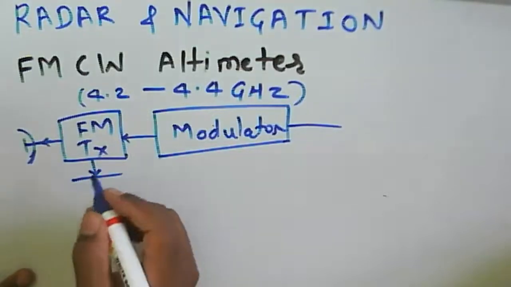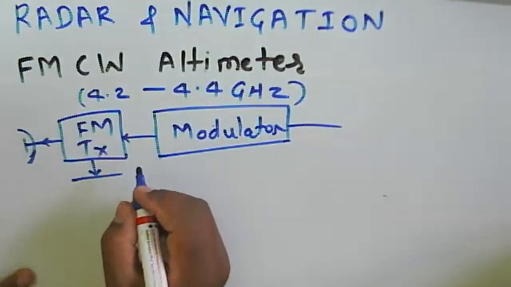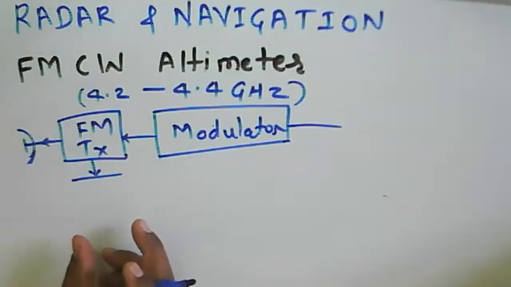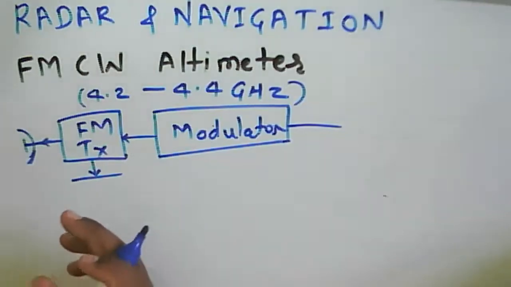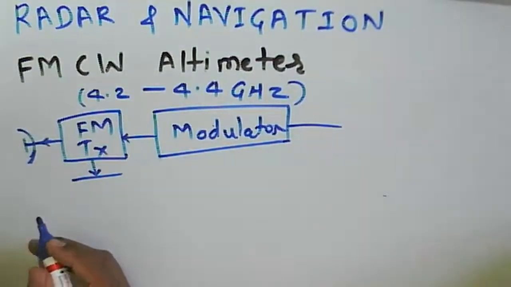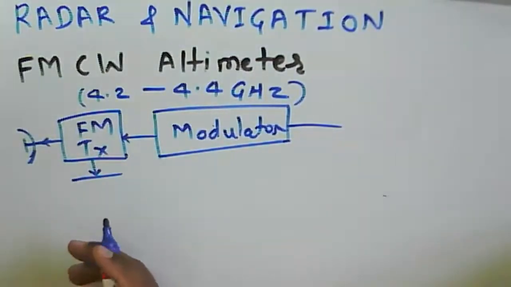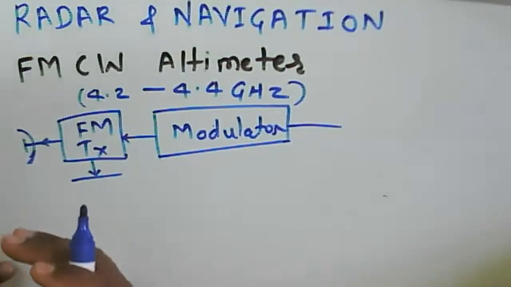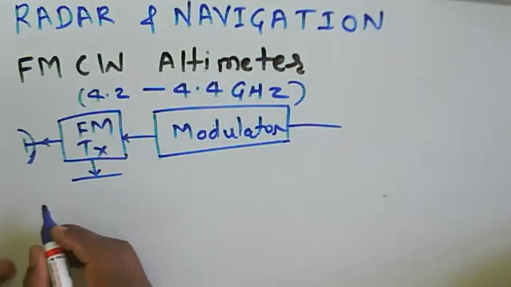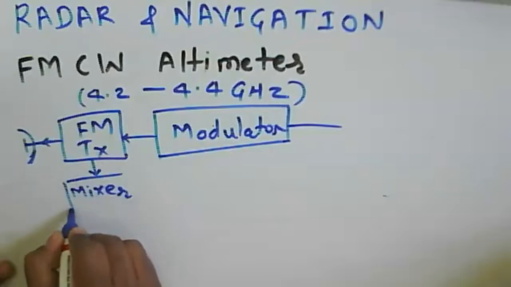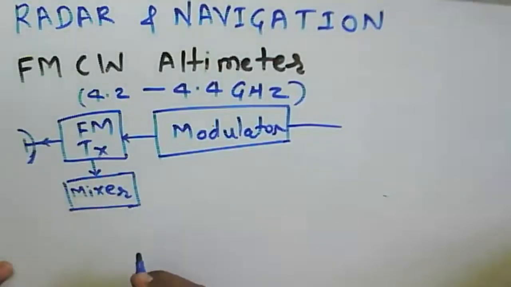Then for this transmitted signal, a portion of the transmitted signal is to be applied to the mixer, that will generate an oscillating signal for the receiver mixer. We consider the mixer here. This one is about a transmitted signal.